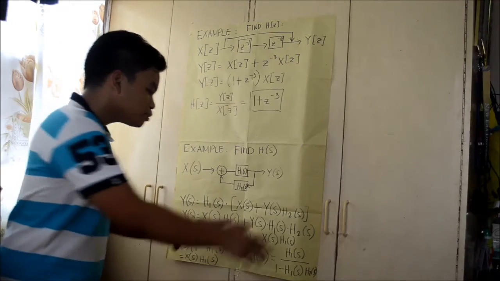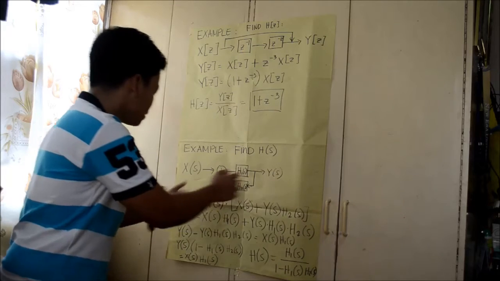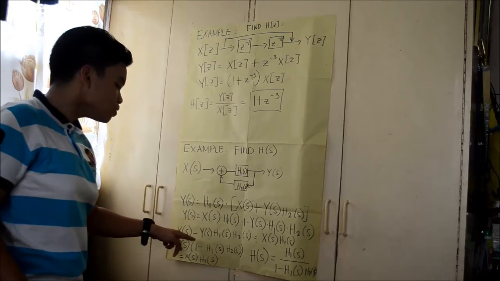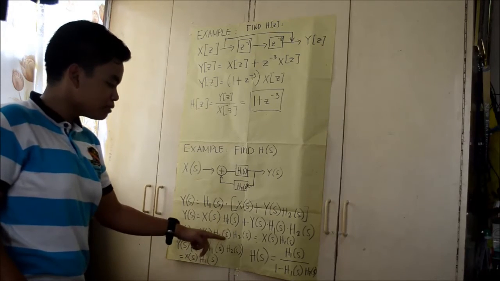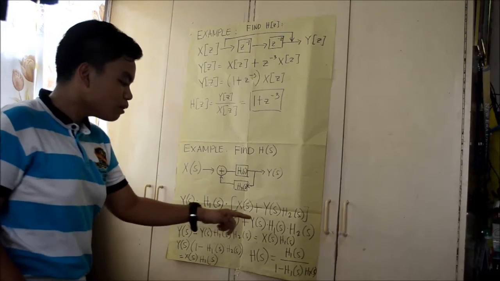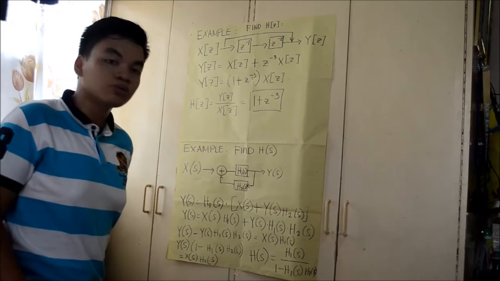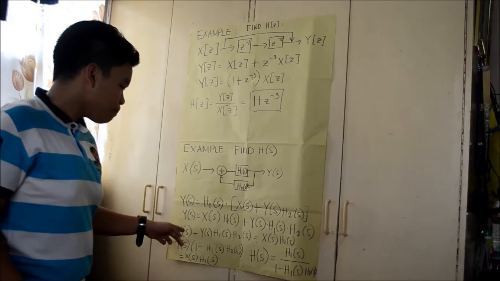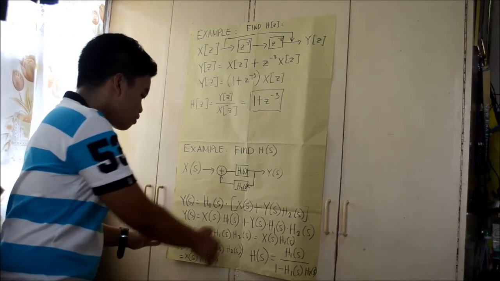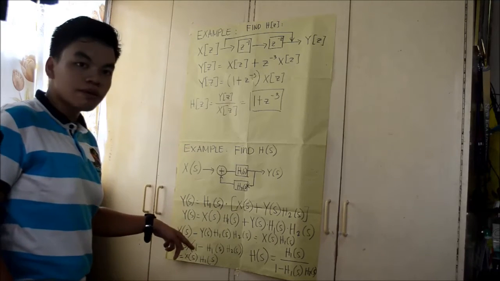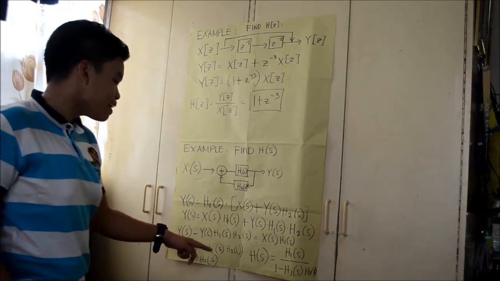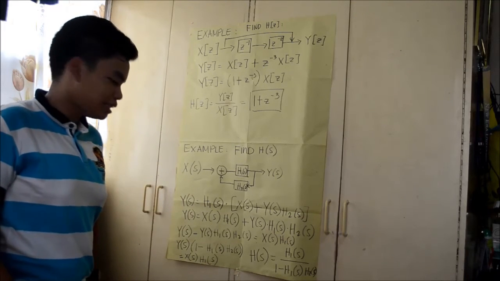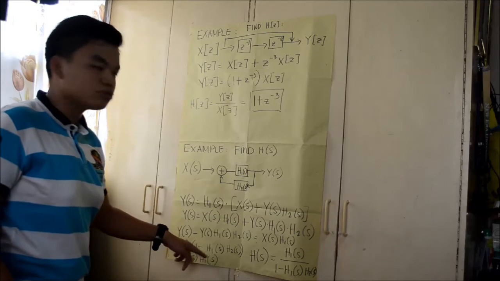Then transpose this Y(s) to this side. Y(s) minus Y(s)H1(s)H2(s) equals X(s)H1(s). Then we will simplify this side, and it will become 1 minus H1(s)H2(s) times Y(s) equals X(s)H1(s).